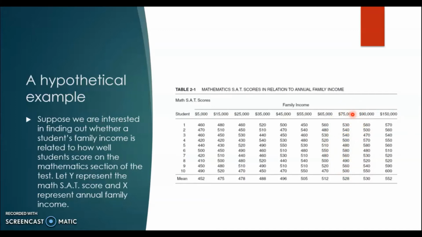Let us take another example. Take the last student in this group. Here we can see that the SAT score for this student is 500, and it is way different than the average score of 528.